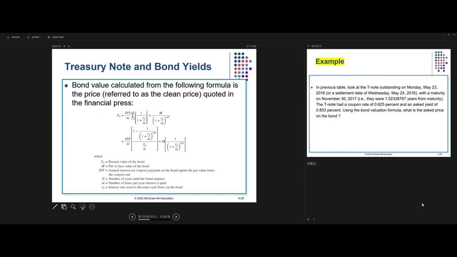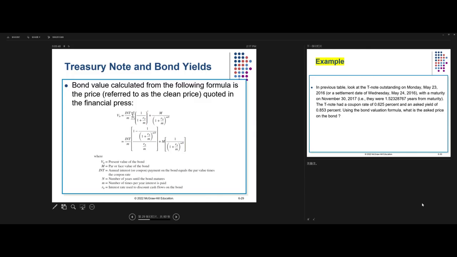Again, this is annual interest rate, so to use the periodic interest rate, you have to use RB divided by m, and then therefore the number of periods is going to be m times N. N is the number of years until the bond matures, and m is the number of periods within the year, right? So this is the equation for it.